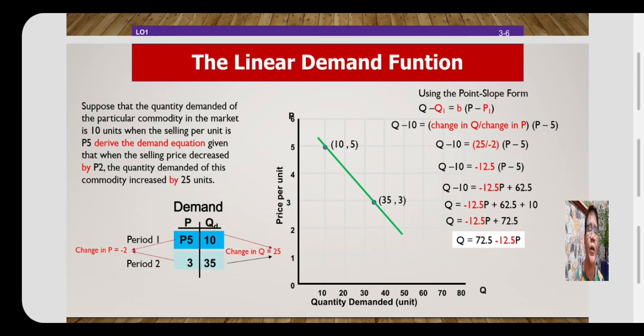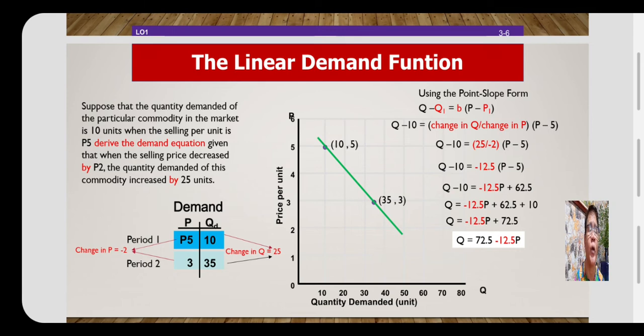And simplifying further by transposing the negative 10 found on the left side of the equality sign, we will have it transposed to the right side of the equality sign. It can now become positive. So we will now have this equation: quantity is equal to negative 12.5P plus 62.5 plus 10.